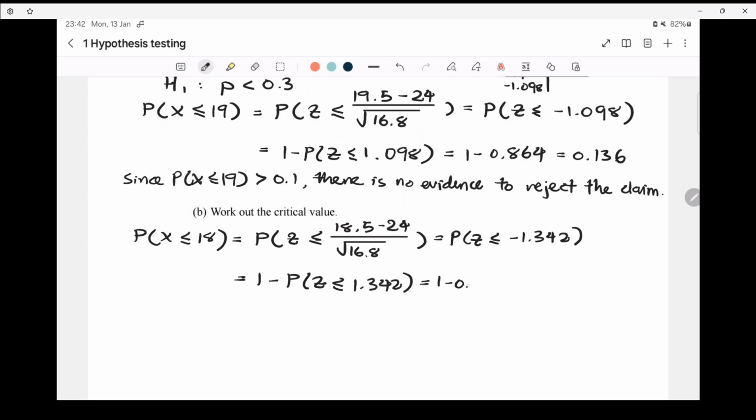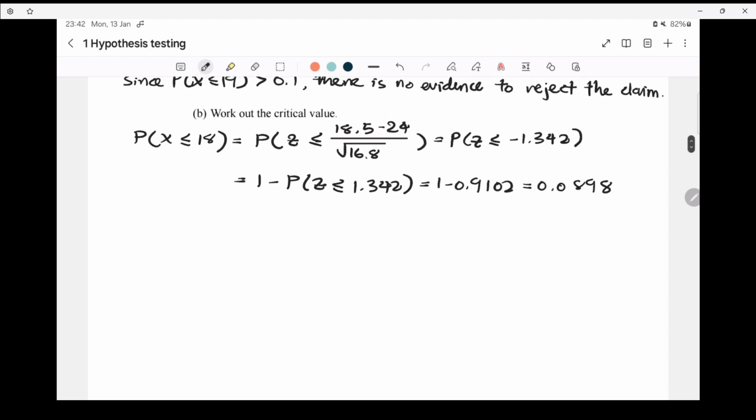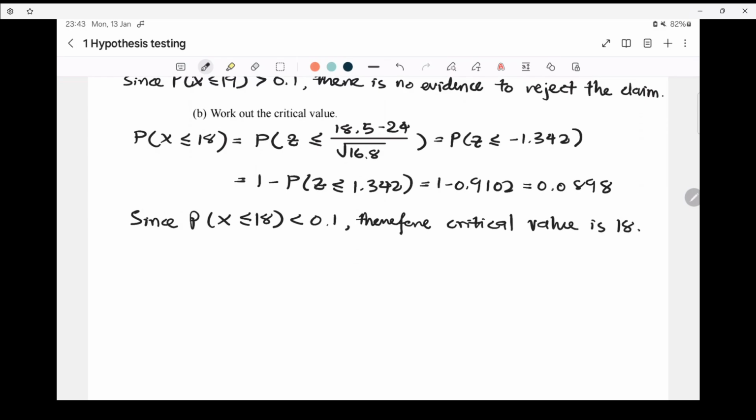And after you calculate this thing out, this is 0.0898. And this is smaller than 0.1. So since P(X ≤ 18) is smaller than 0.1, which is your significance level, therefore the critical value is 18. So that's how you find your critical value.